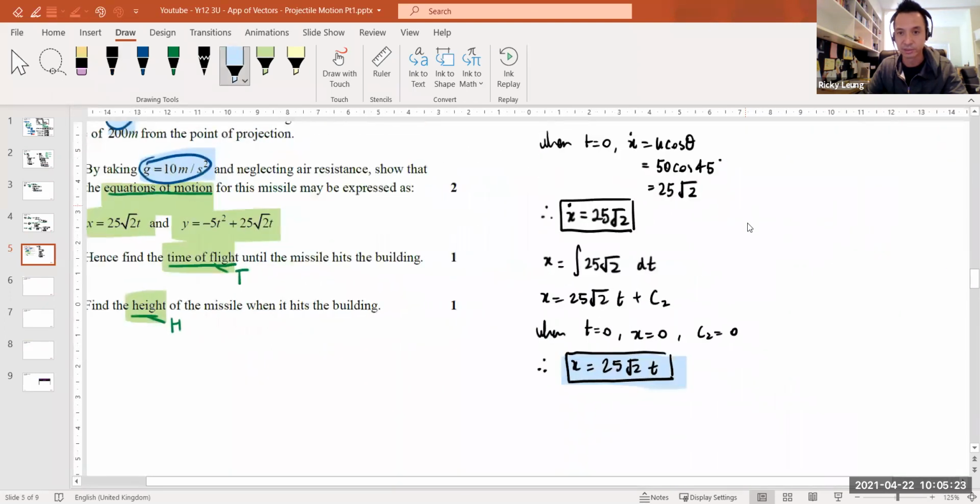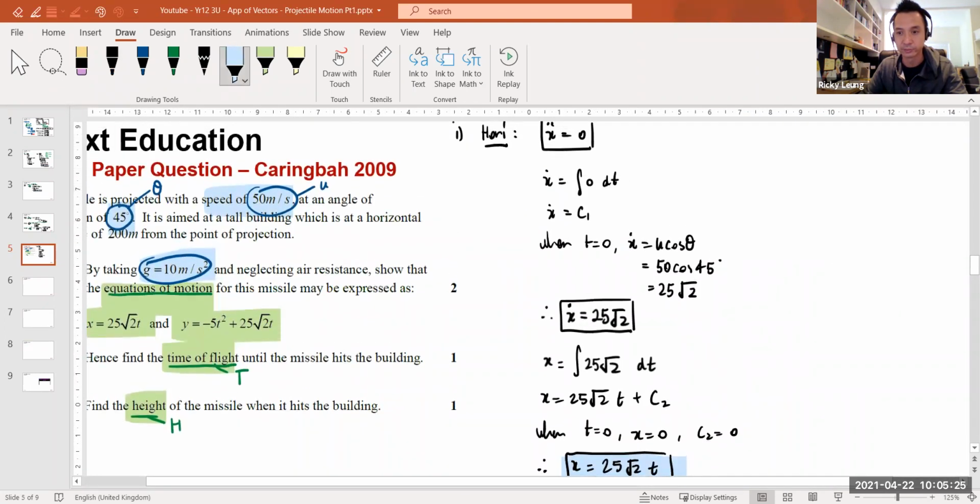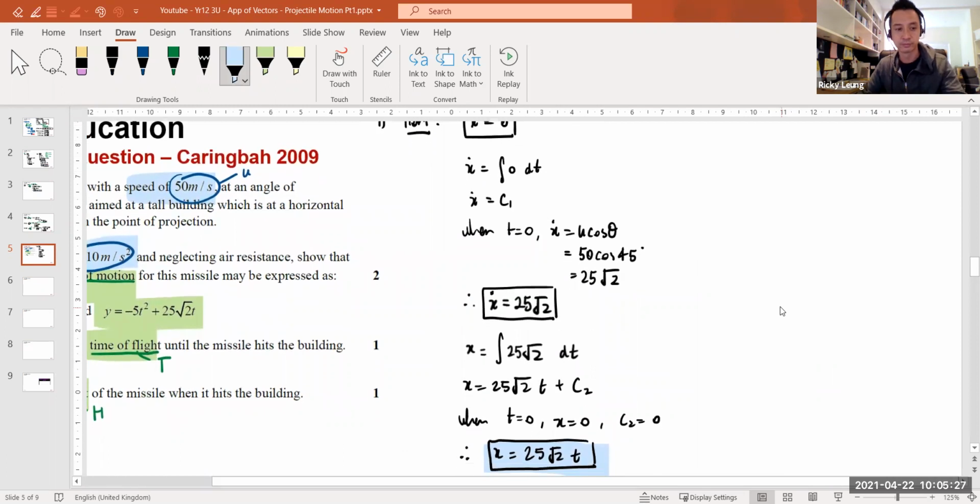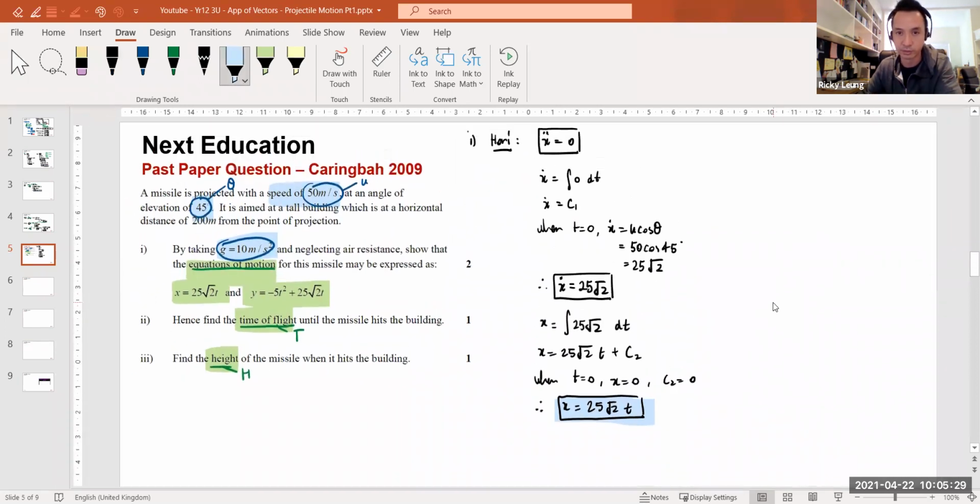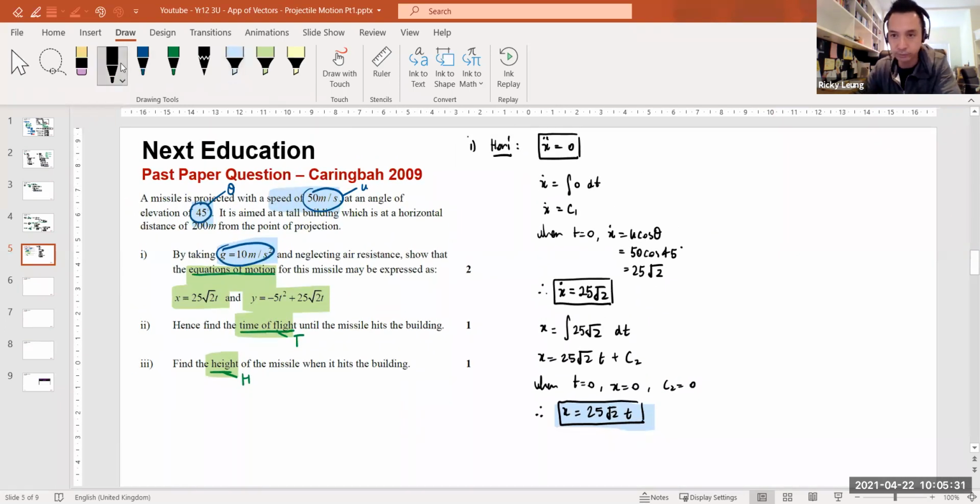Right, I'm going to do exactly the same now, vertically. All right, let's do this. So start off with the negative gravity. So I know it is negative 10. Yeah, gravity given in this case. So I know integrate that. dt negative 10 is nice because then it becomes negative 10t.